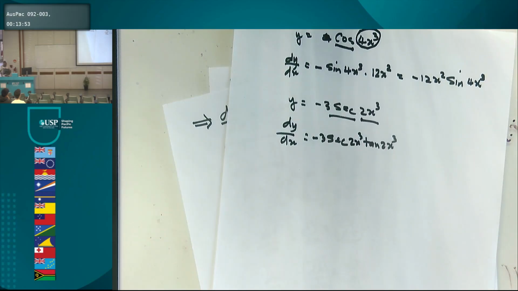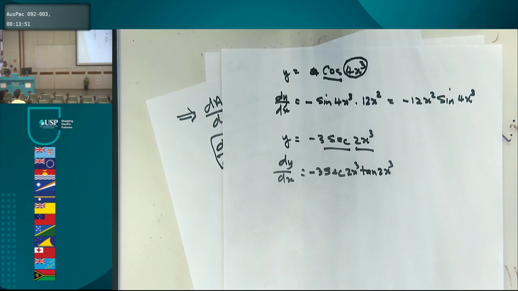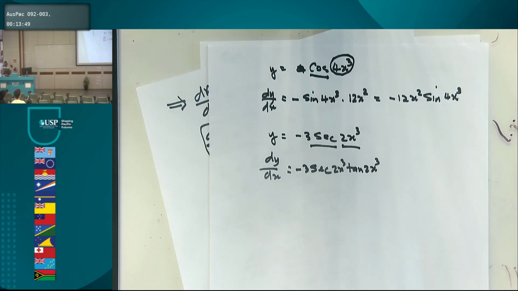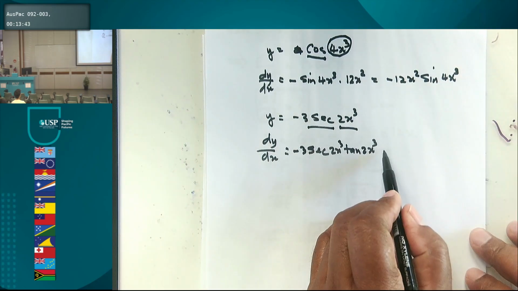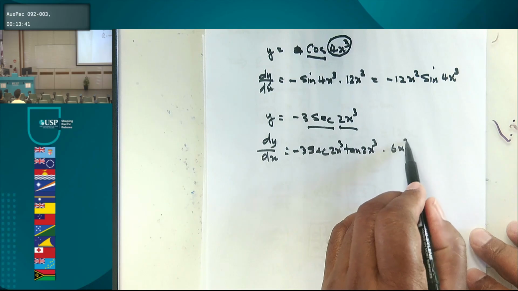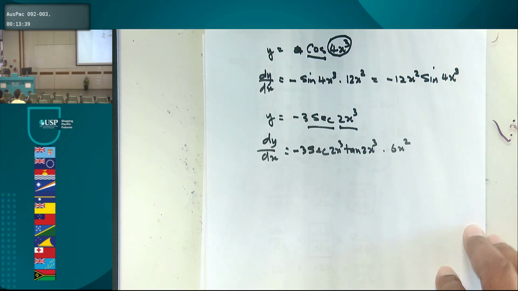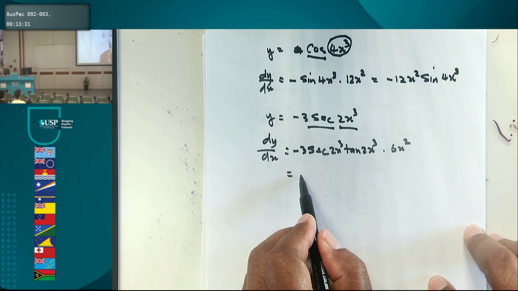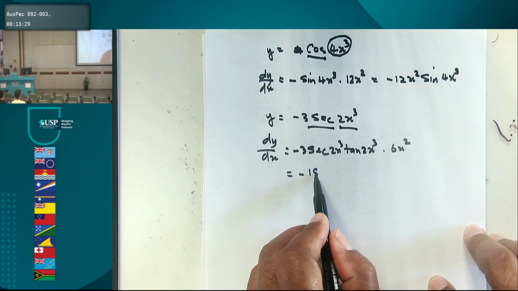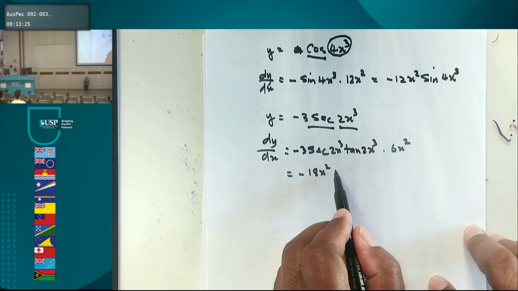And then we will differentiate the inner. What's the derivative of the inner now? 6x squared. And again, I expect you to simplify that. I'll multiply the negative 3 with the 6x squared, that gives us negative 18x squared.